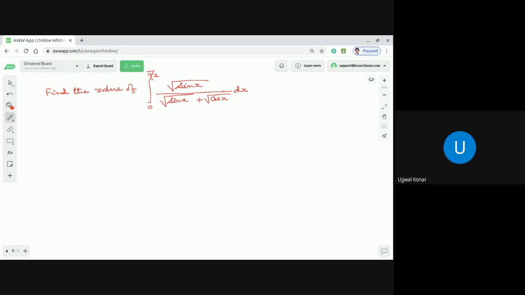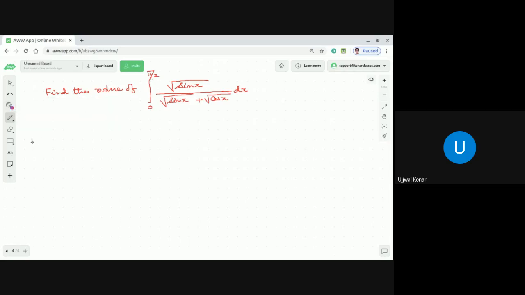Apparently, you may find this question a little bit difficult. But if you recall, dear students, the properties we discussed yesterday, if we apply these properties, it becomes so easy. And I want to show you that. So how to achieve the result? Here it is.